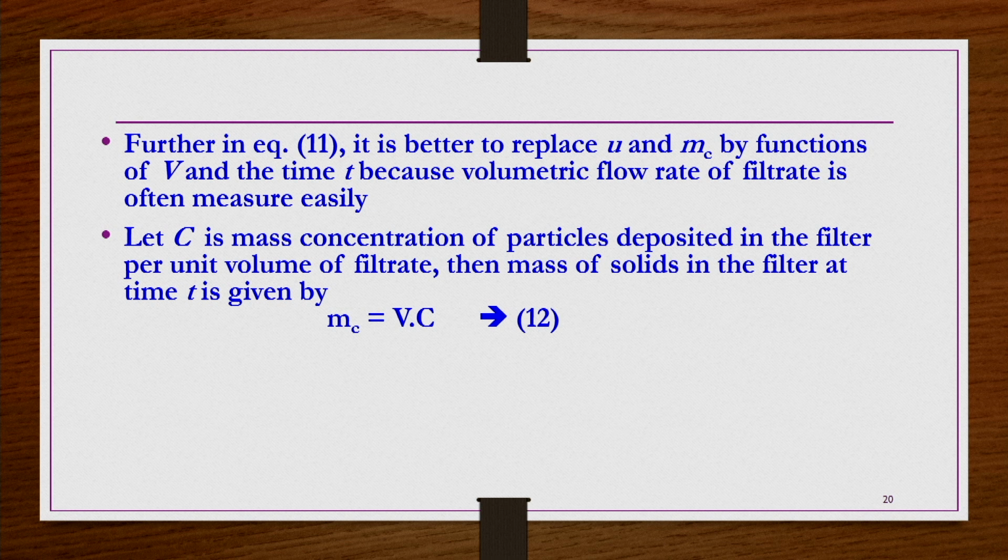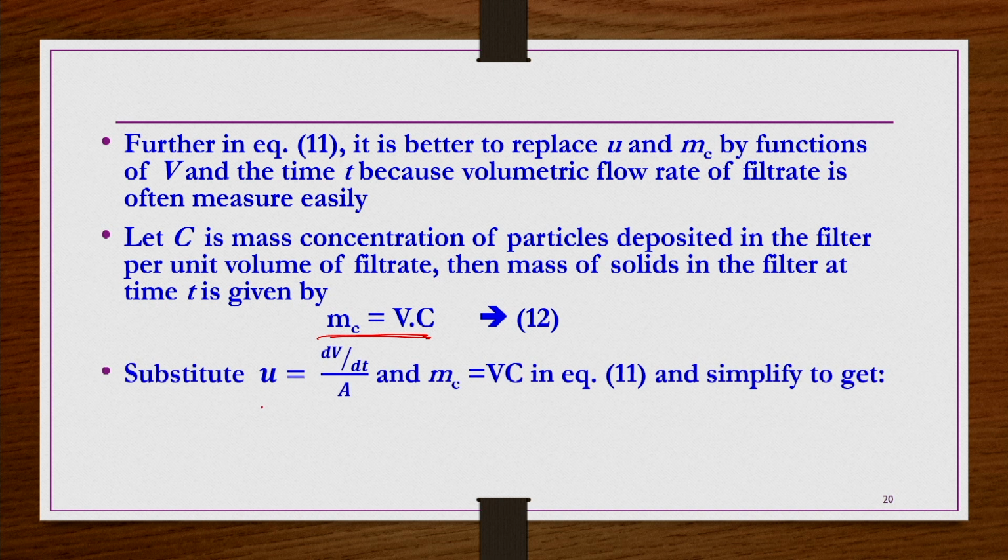Then the mass of solids in the filter at time t is given as V multiplied by C, where V is the volume of filtrate collected. And U we already know as dV by dt by A. So in equation number 11, wherever u is there you substitute dV by dt by A, and wherever mc is there you substitute VC.